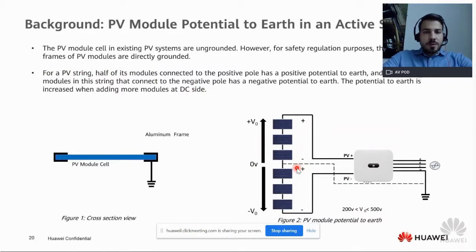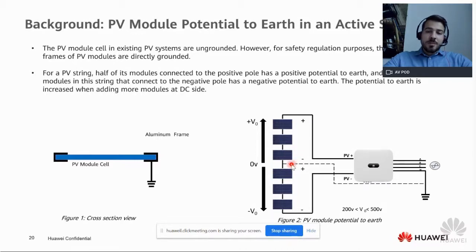So you might have heard and you might have already experienced potential induced degradation. This potential induced degradation comes from the fact that the whole system is connected to the ground, except the PV module cells, which are double insulated. So due to the potential differences between the PV module cells and the aluminum frame of the mounting system, there can be some degradation of the panel due to the force which is driven by the potential difference.